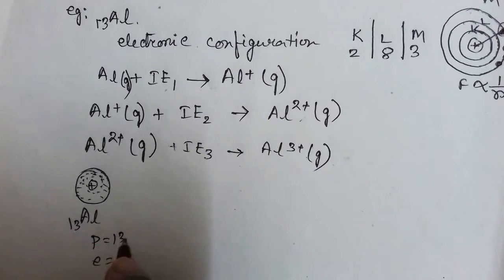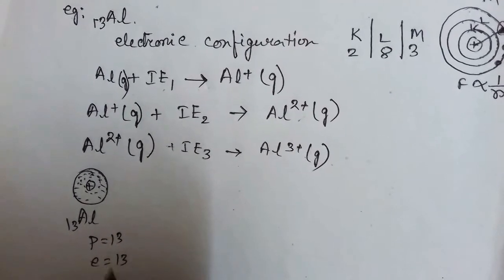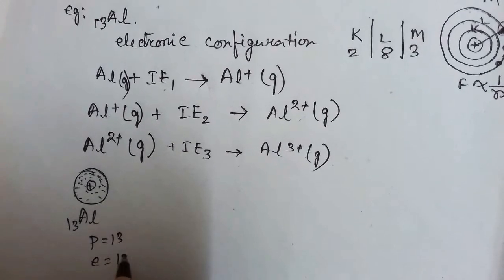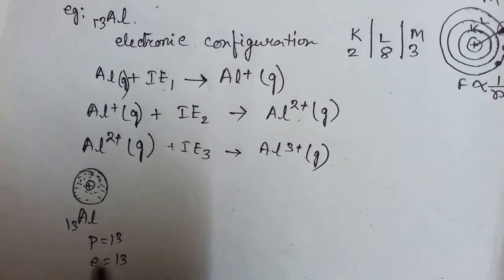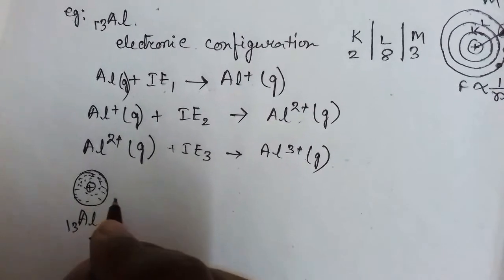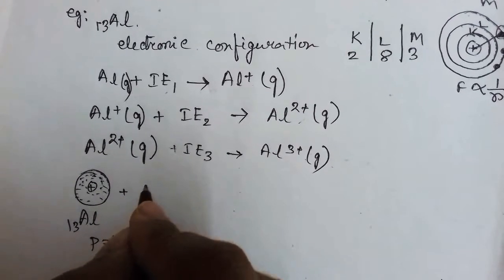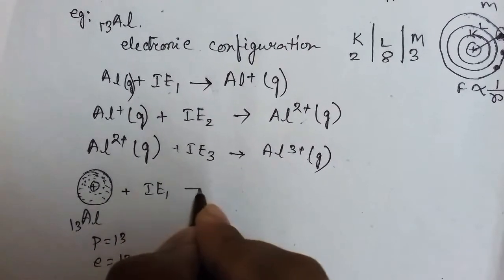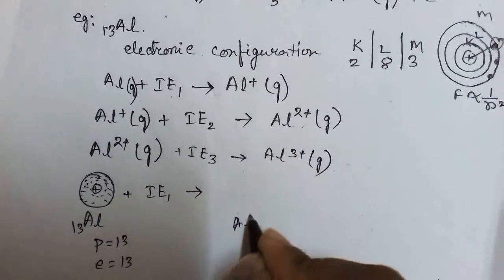Now, 13 protons were pulling 13 electrons, right? So, here per electron pull was greater, good enough, okay? So here the amount of energy was given, and it became a cation, Al plus.